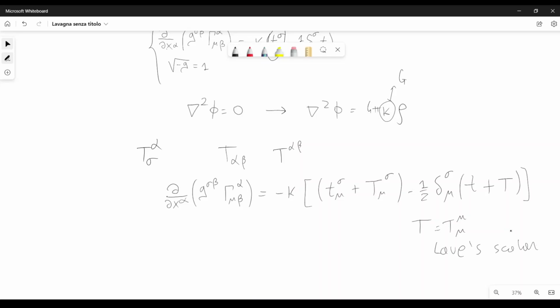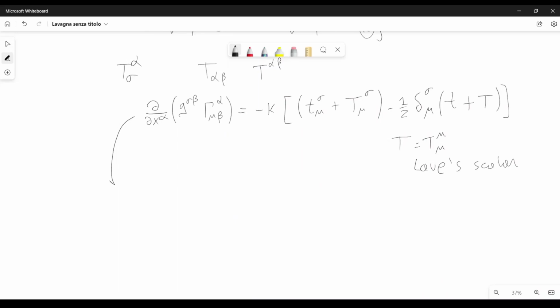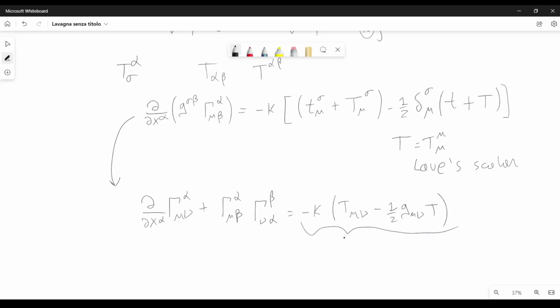And this equation here can also be written like this: derivative with respect to x alpha of gamma alpha mu nu plus gamma alpha mu beta times gamma beta nu alpha equal to minus k times uppercase T mu nu minus 1/2 g mu nu times capital T. And this term here on the right is equal to 0 if there is no matter.